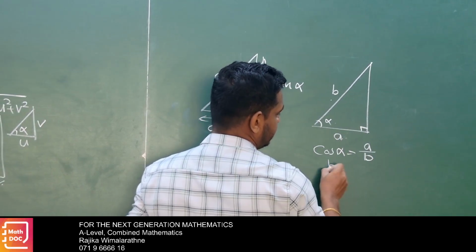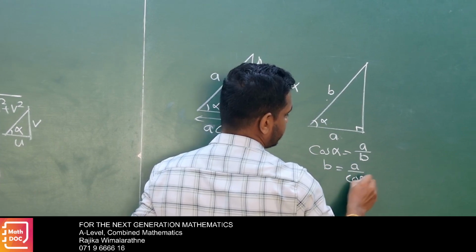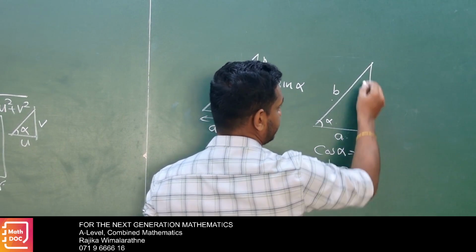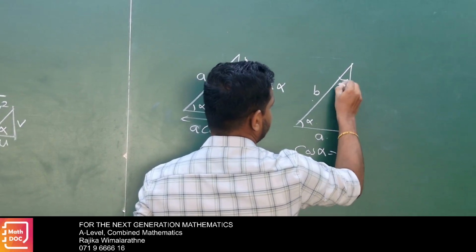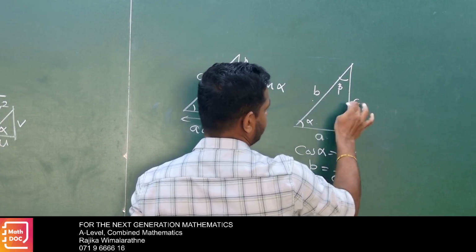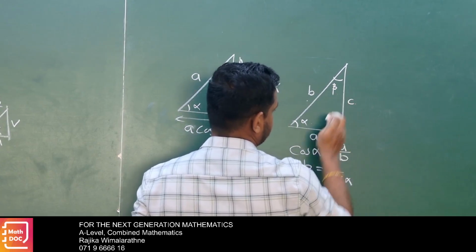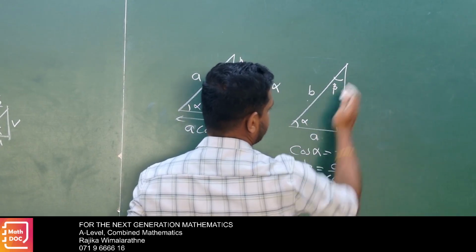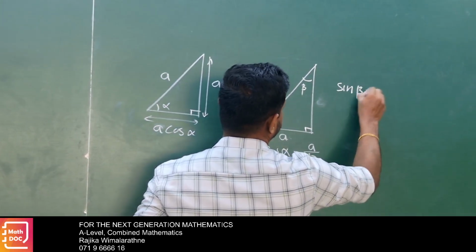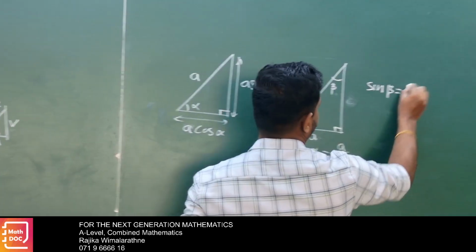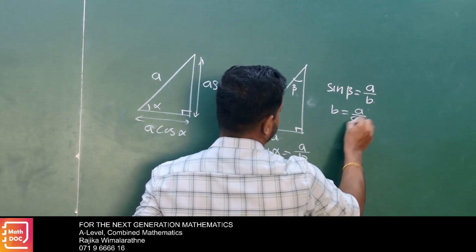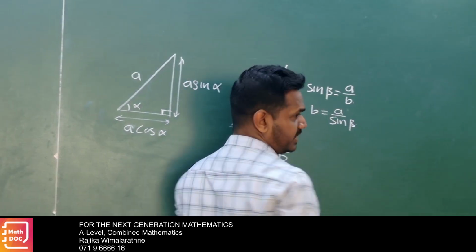Then B equals A over cos alpha. Then along this angle we say A over cos alpha. Consider this angle beta, say this one C. If you need to resolve this C to the hypotenuse, then sine beta equals A divided by B. Then B equals A over sine beta.